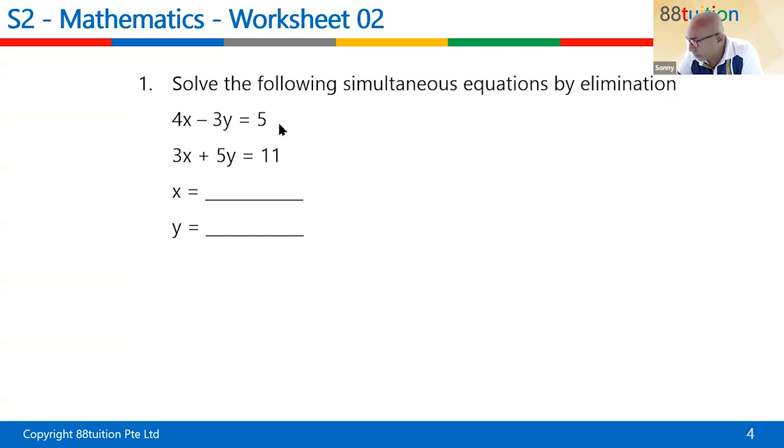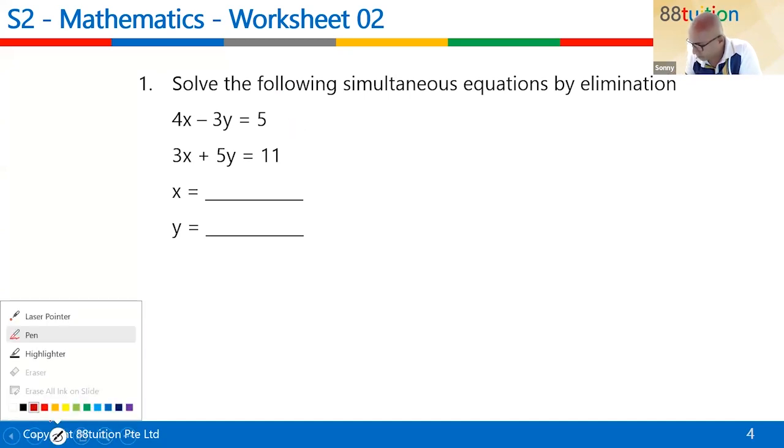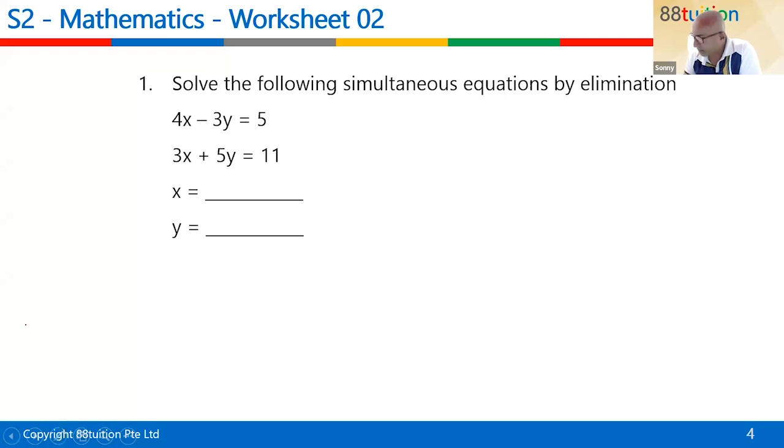So the first thing you need to do is call this equation 1. Just a minute, it's a bit sensitive. Call this equation 1, you call this equation 2. If you want to get rid of the x's, you're going to make both 12x, right? So first equation times 3, second equation times 4.